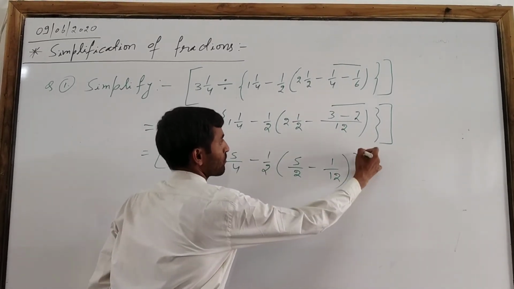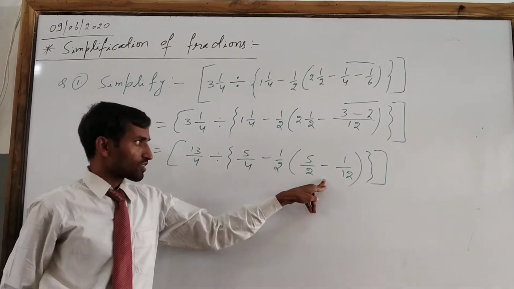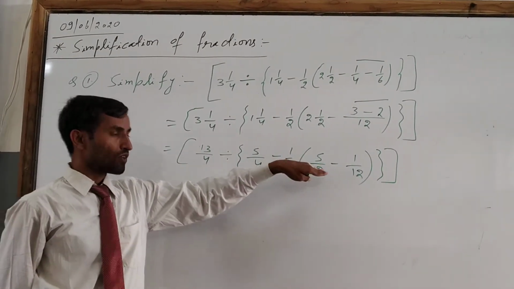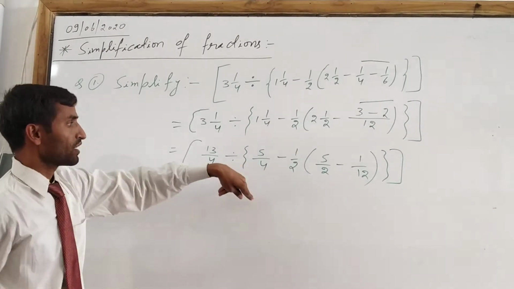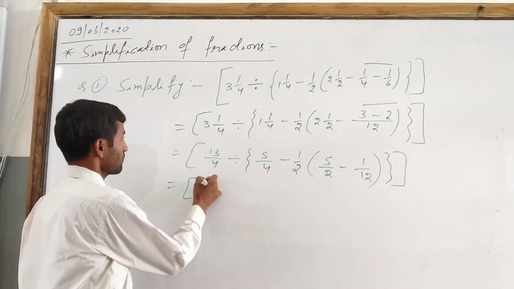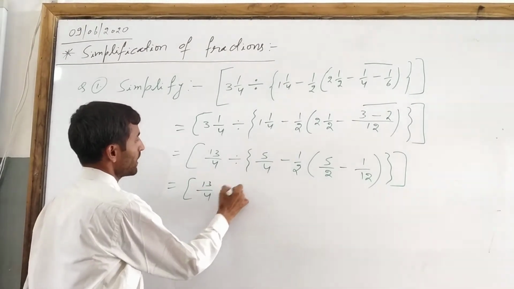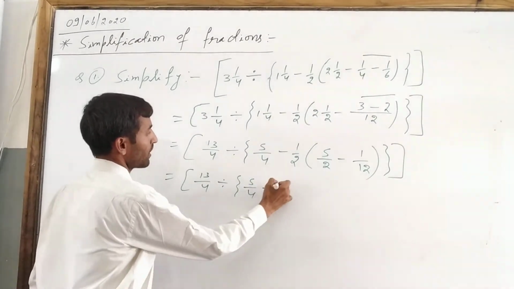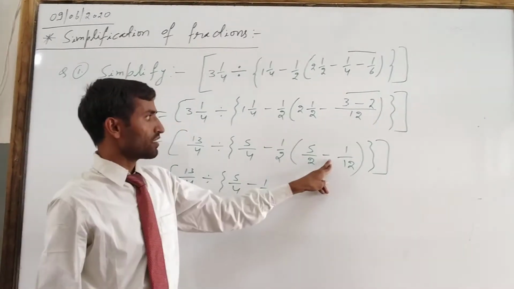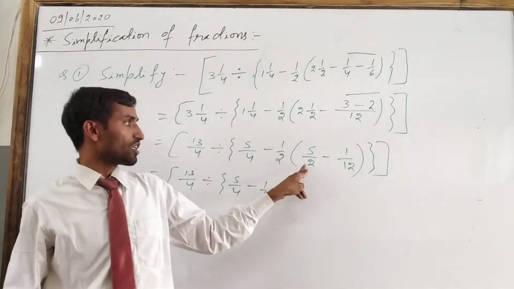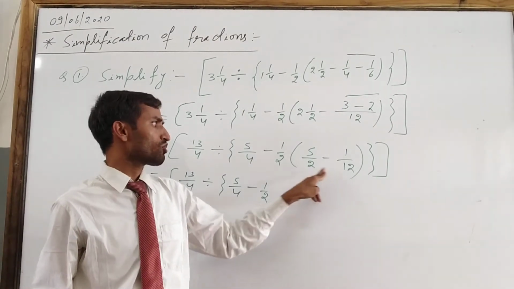Next step, we have to solve the small bracket, then the curly bracket, then the big bracket. So write down the same: 13 upon 4 divide curly bracket 5 upon 4 minus 1 upon 2. Again in the small bracket minus is there, so we have to take the LCM of the denominators 2 and 12.